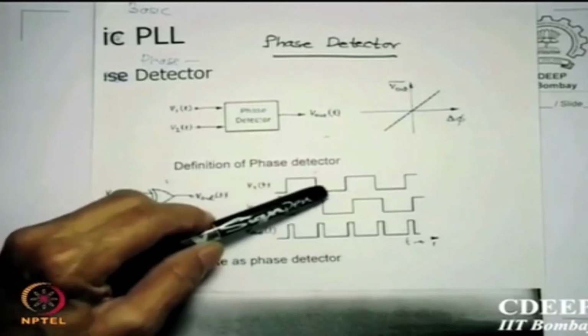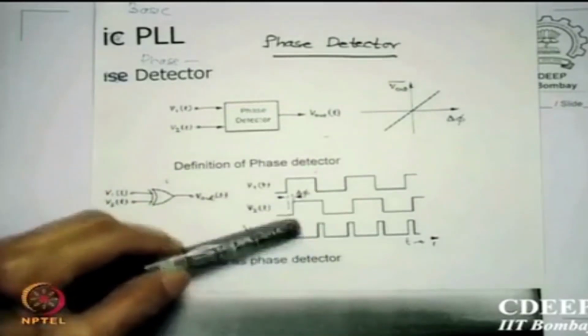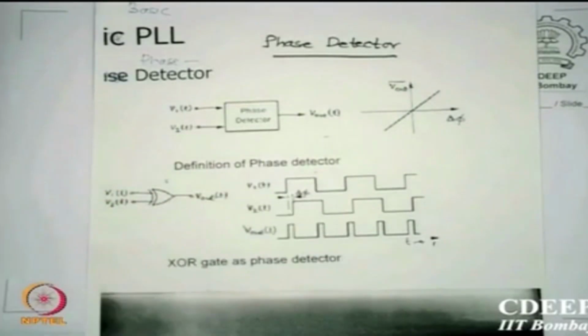At this point again this is 0 but this is 1, so again it comes down. So there are small width pulses or markers depending on the jitter you have, and you will see this kind of output voltage, then you take an average of this.